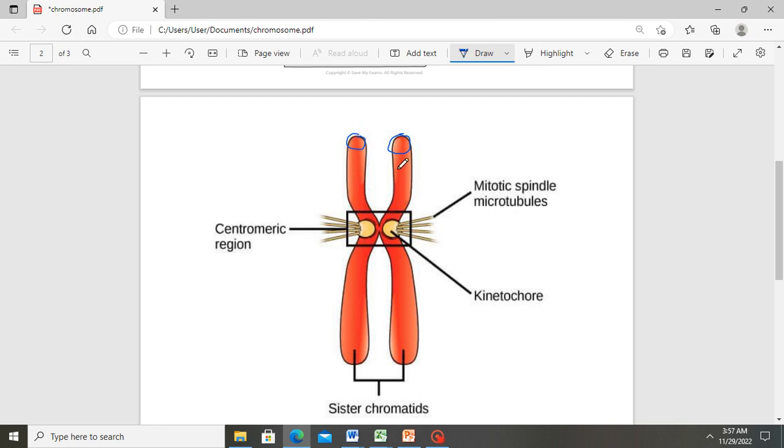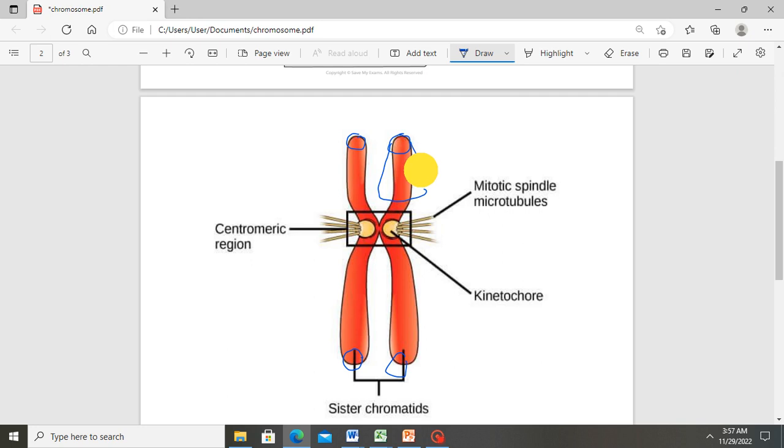Being upper or lower, this segment too is called the telomere. So the telomere is the tips of each sister chromatid in a chromosome. Telomere, telomere of the chromosome.